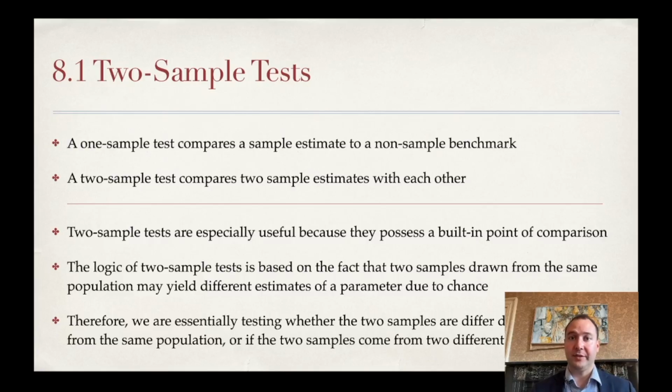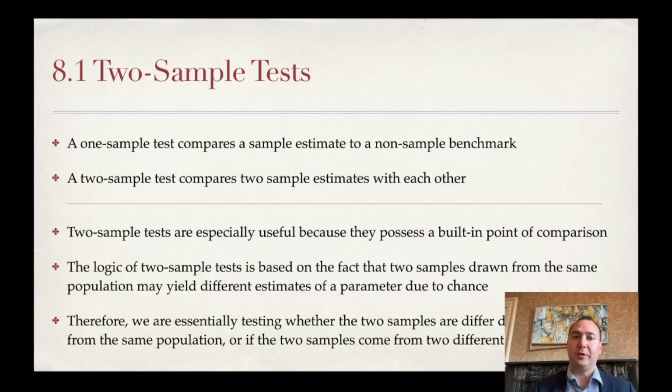What are two-sample tests? In the previous lesson, we learned about one-sample hypothesis tests. A one-sample test compares a sample estimate to a non-sample benchmark. That non-sample benchmark is usually an assumption about the population. Often a presumed average of the population is used in that hypothesis test.